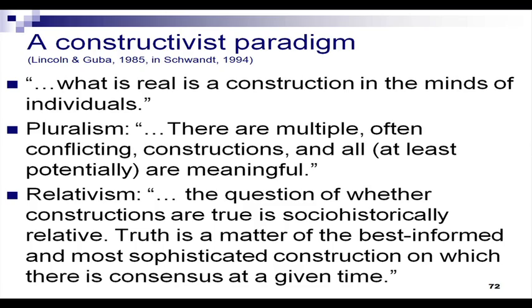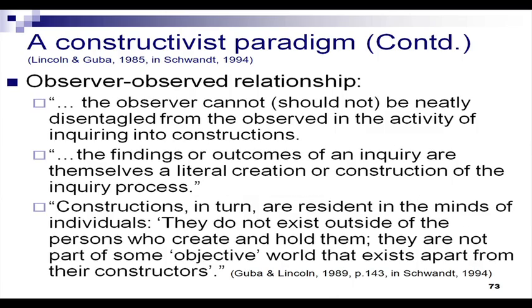Truth is situated within the context that it is derived out of. So these are the various aspects of the constructivist paradigm. Now, based on these aspects, we also talk about the observer. Within the constructivist paradigm, we also talk about the observer-observed relationship.